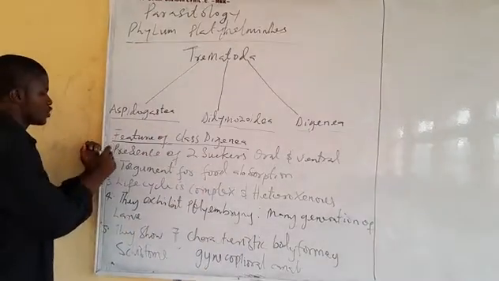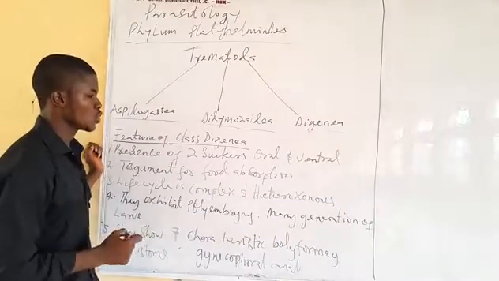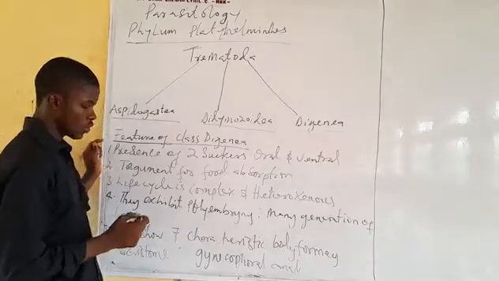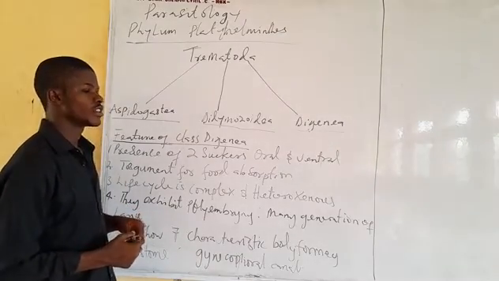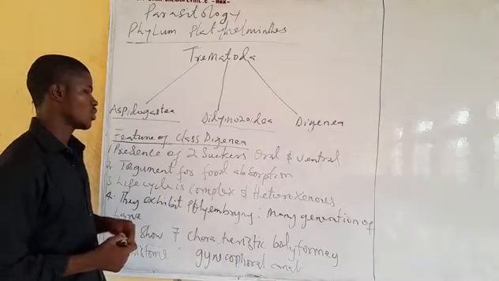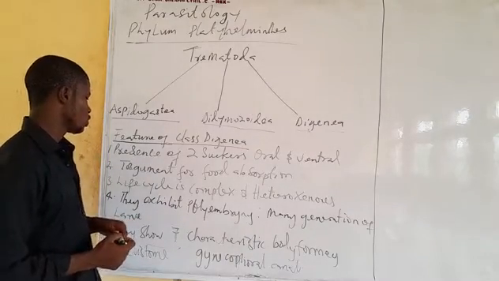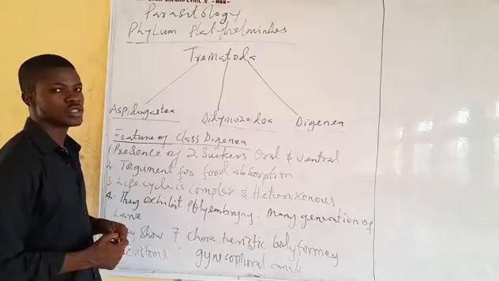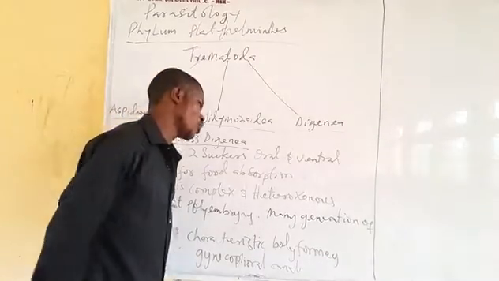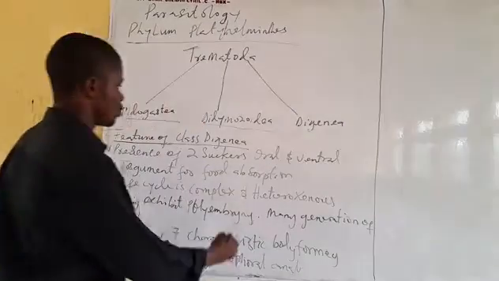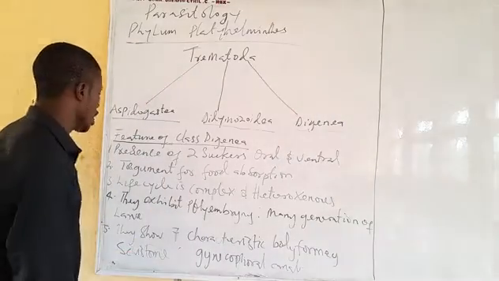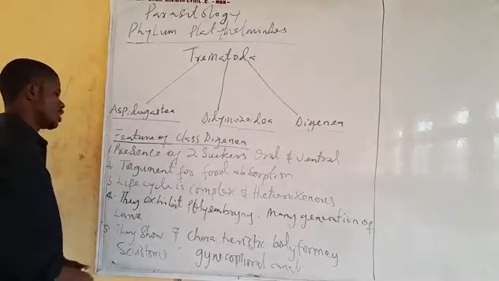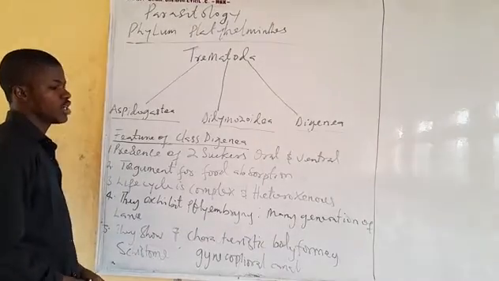So the first feature is that there is presence of 2 suckers, the oral and the ventral sucker. So take note. 2, there is presence of tegument for food absorption. These tegument are necessary for food absorption. Number 3, the life cycle is complex and heterogeneous.